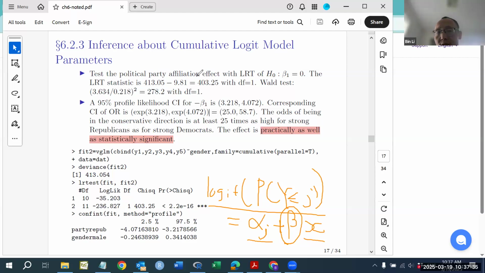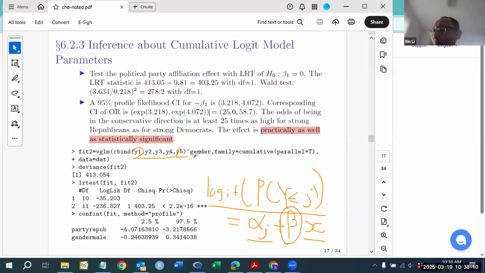For the political ideology example, remember we have 5 categories for the political ideology, from the lowest, which is very liberal, to slightly liberal, moderate, slightly conservative, and very conservative, right?